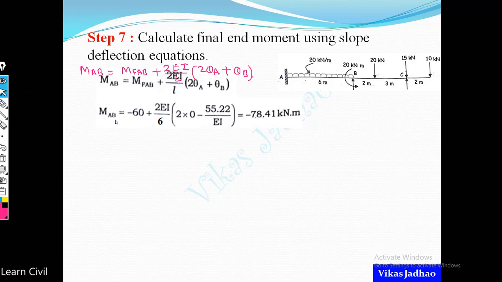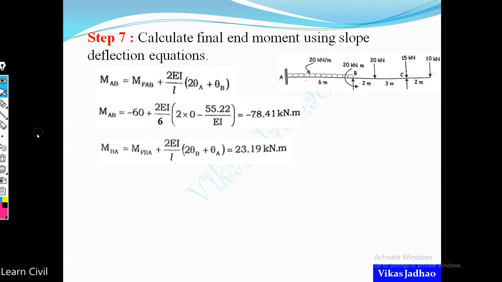We have MFAB equal to minus 60 plus twice EI by L into theta B, as theta A is 0 because it is a fixed support. Therefore we get MAB equal to minus 78.41 kilonewton meter. Similarly, writing the slope deflection equation for BA, we get MBA equal to 23.19 kilonewton meter.